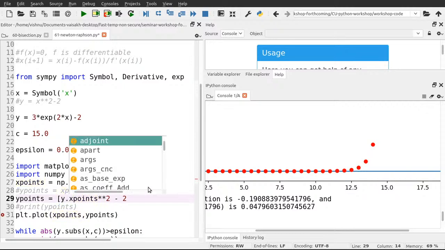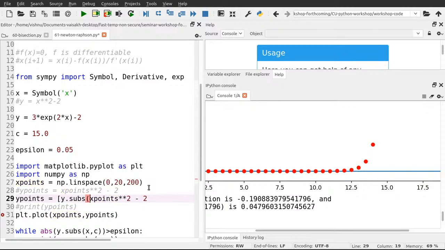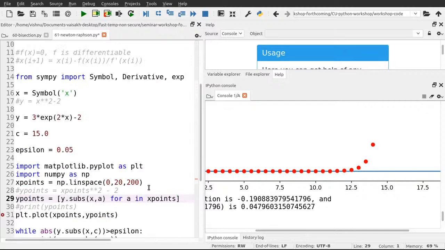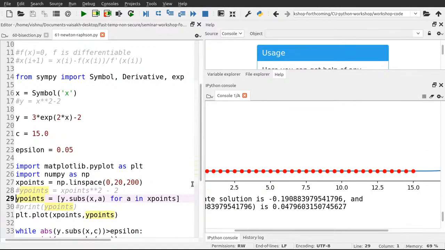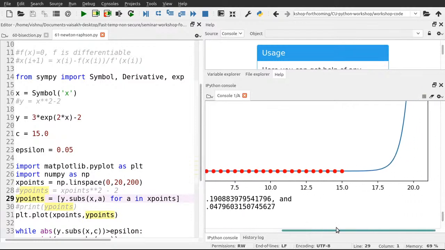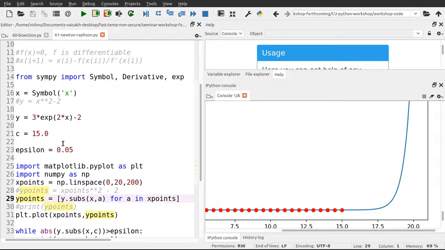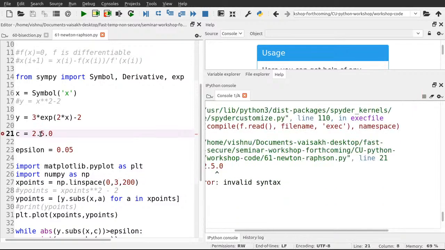So y is f of a for a in x points. Let's use this. The range we have chosen is too large. Let's take the range to be something of the form 3 and start with 2.5, say.